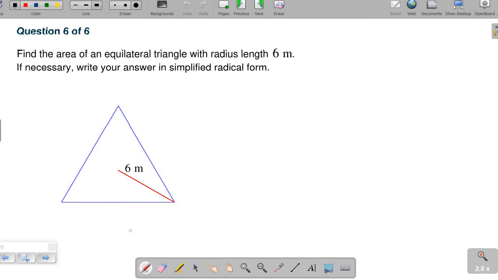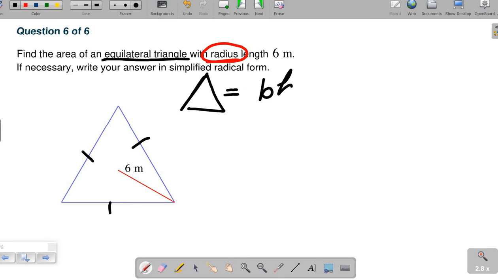It said find the area of the equilateral triangle with a radius length of 6. Okay, radius. Wow. Now, there are 2 ways you could look at this. You could look at it as a triangle, and in that case, it's base times height over 2. The problem is you have neither the base nor the height.